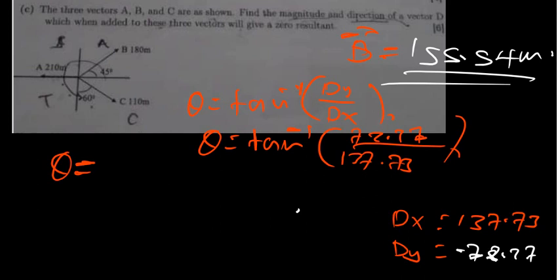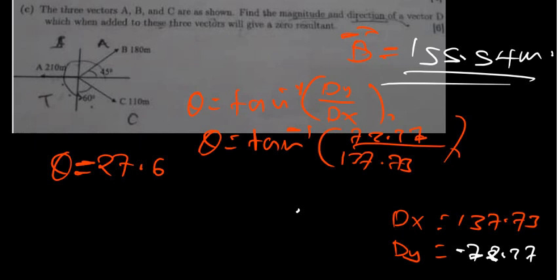I'm getting 27.66. Confirm. Can someone press tan, open brackets, 72.27 divided by 137.73? Yeah, 27.686, which is the same as 27.69.